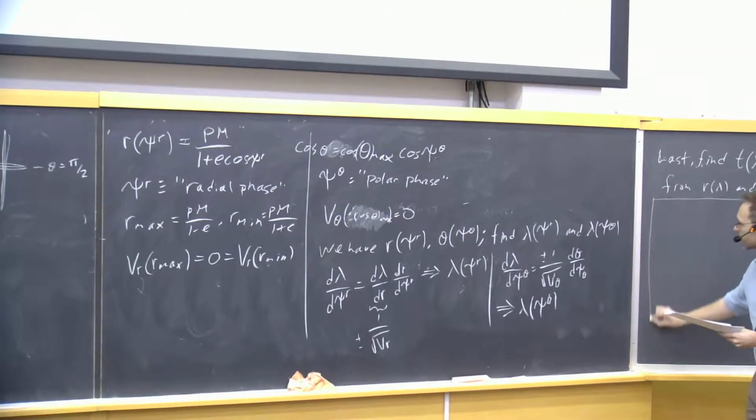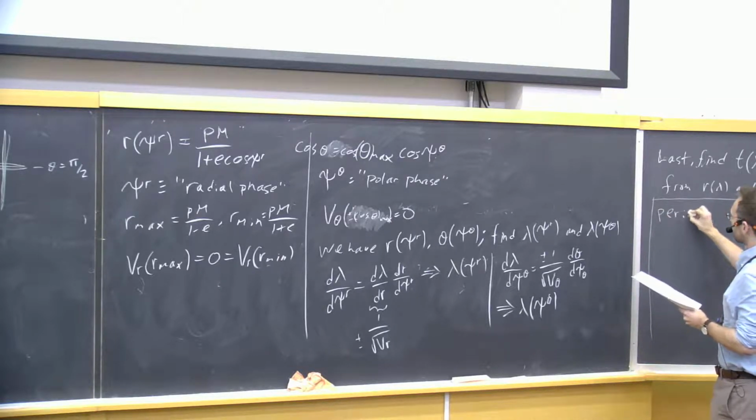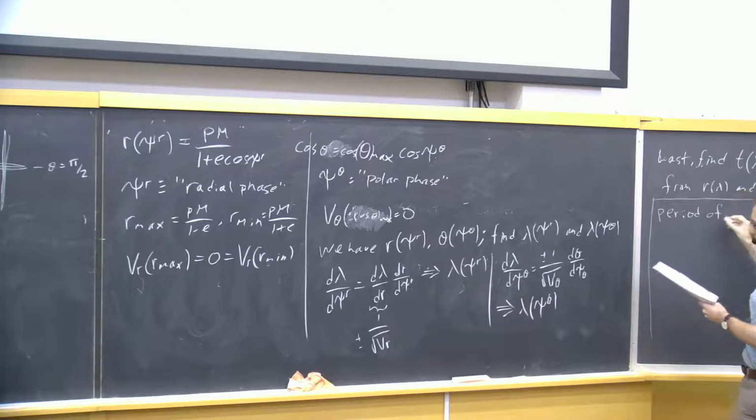And as we had 2 periods or frequencies in Schwarzschild, we have 3. So we have the period of radial motion, and this is the period as measured in Mino time.